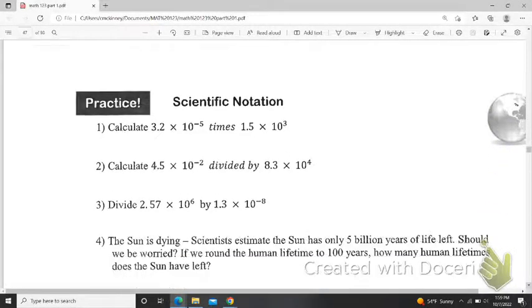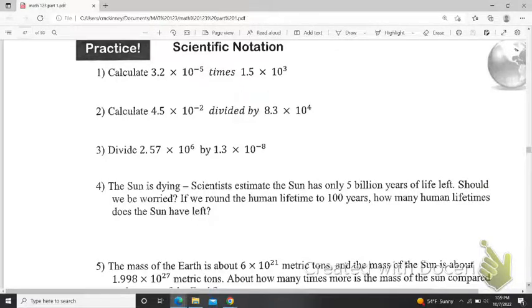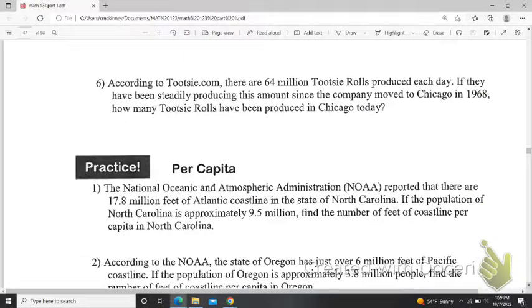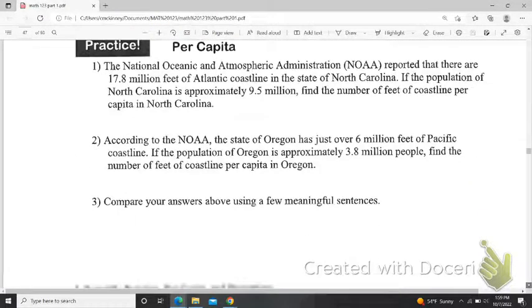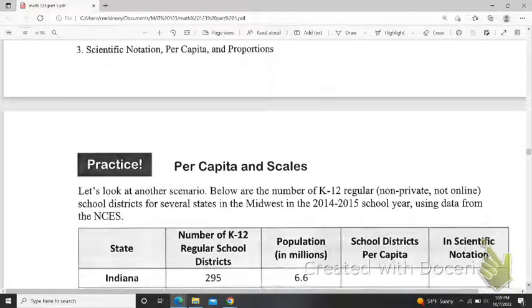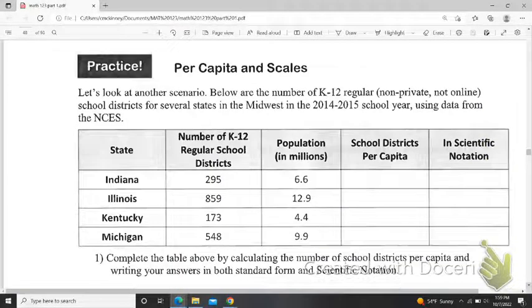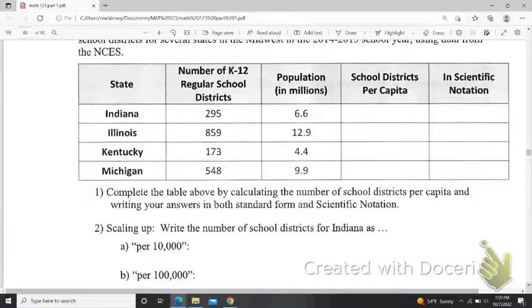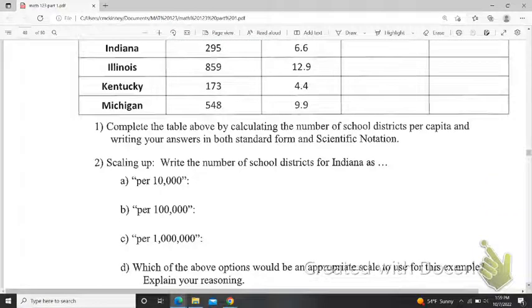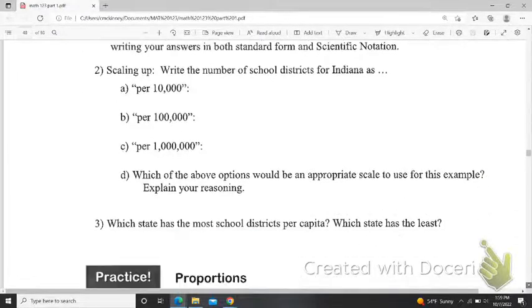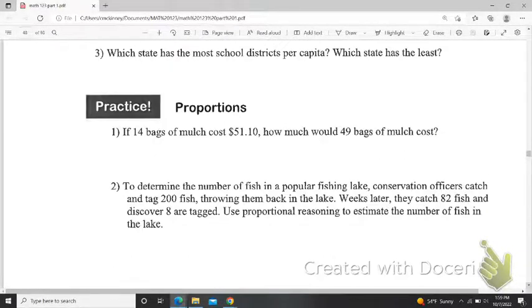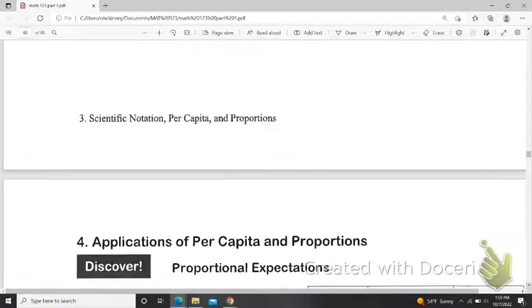And then what comes up next in your packet are some practice pages with scientific notation, per capita, some per capita that we have to scale, where we're going to scale it up to per 10,000, per 100,000, per million, and then there are some proportions.